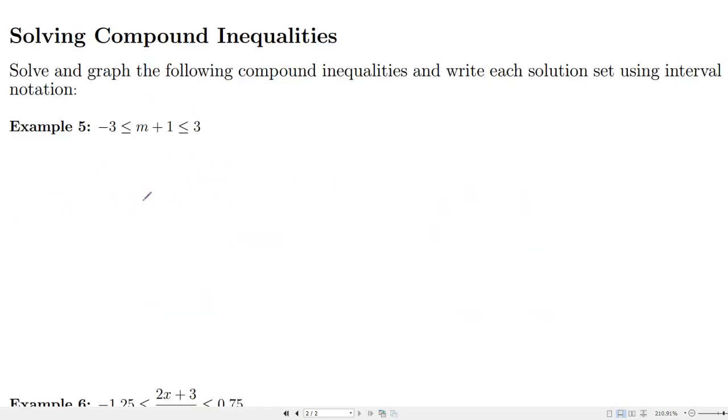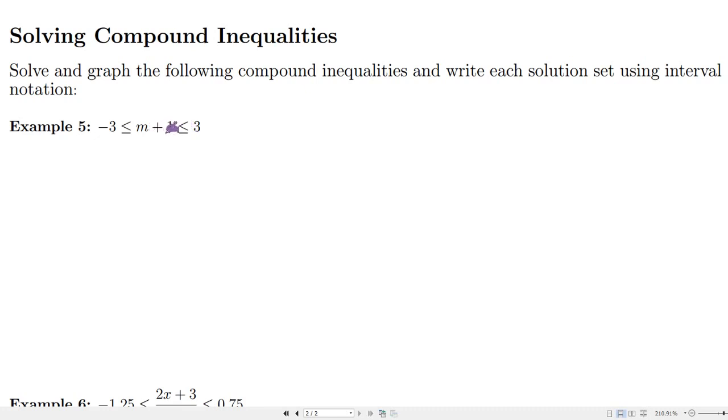Okay, so how do we solve compound inequalities? Well, you're going to use techniques that we just did in the previous section, where you solve the inequalities. You're just solving several of them, and you're going to combine those solutions together. So if you had something like this, if you did them separately, what would you do? If you pretend that this right one isn't there, we're going to try to isolate the m, right?